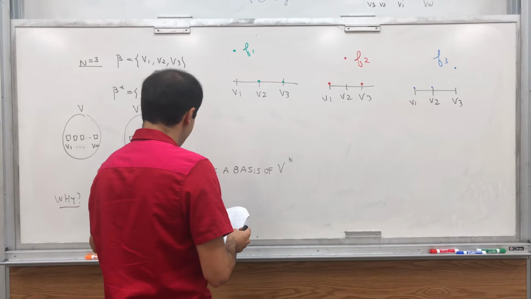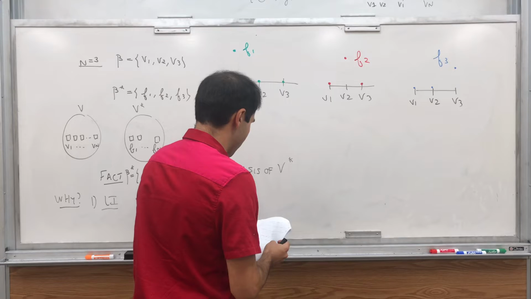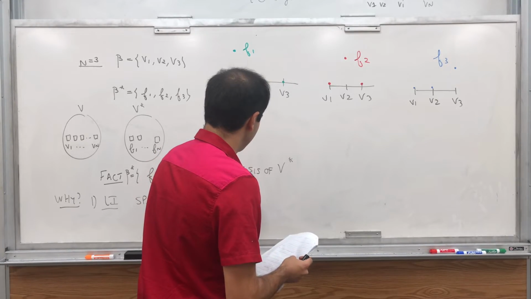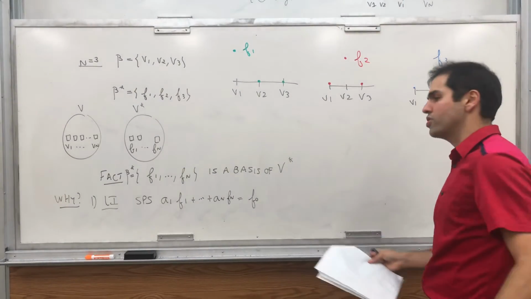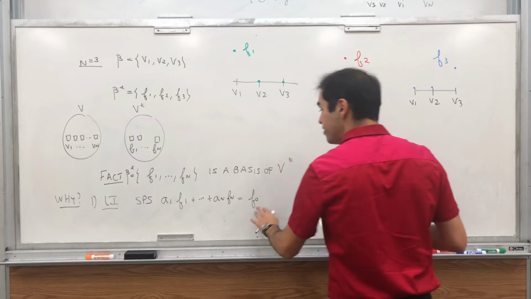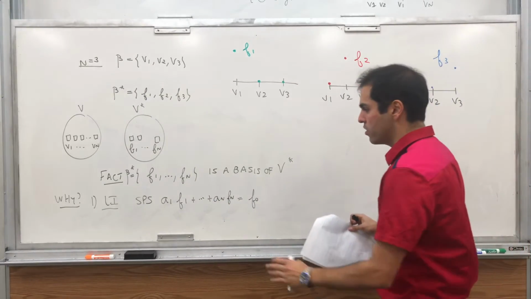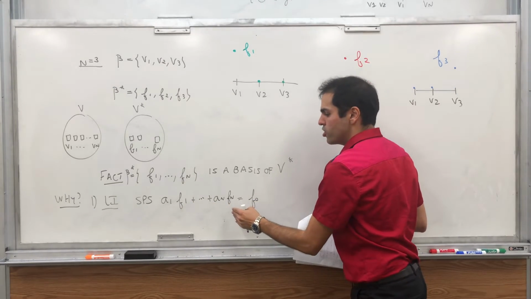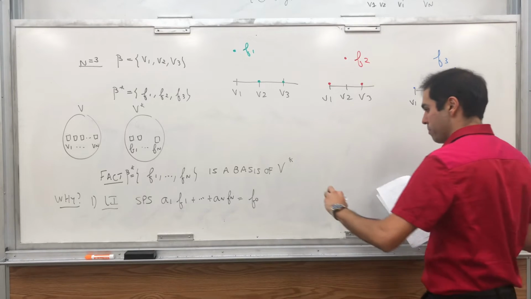So suppose a1 f1 plus dot dot dot plus an fn gives you the zero functional, basically the zero function whose value is always 0. Now look, this is an equality of functions. In particular, for every vector, if you apply this function to v, you get 0 of v, so 0.